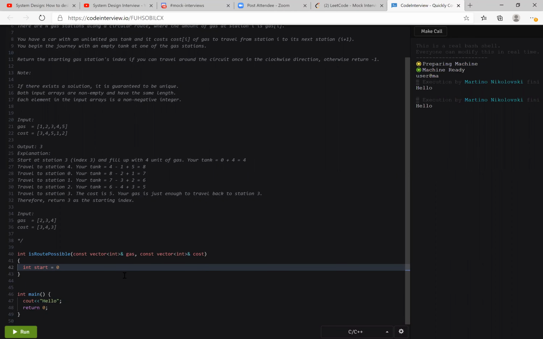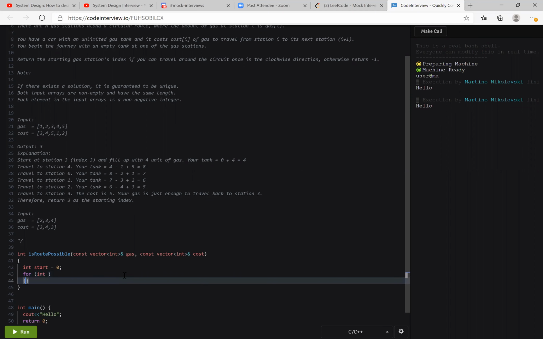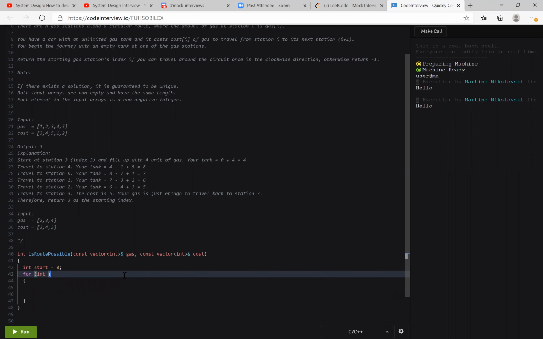So I will say start is equal to 0. This is the gas. And let's say I start at some start index.